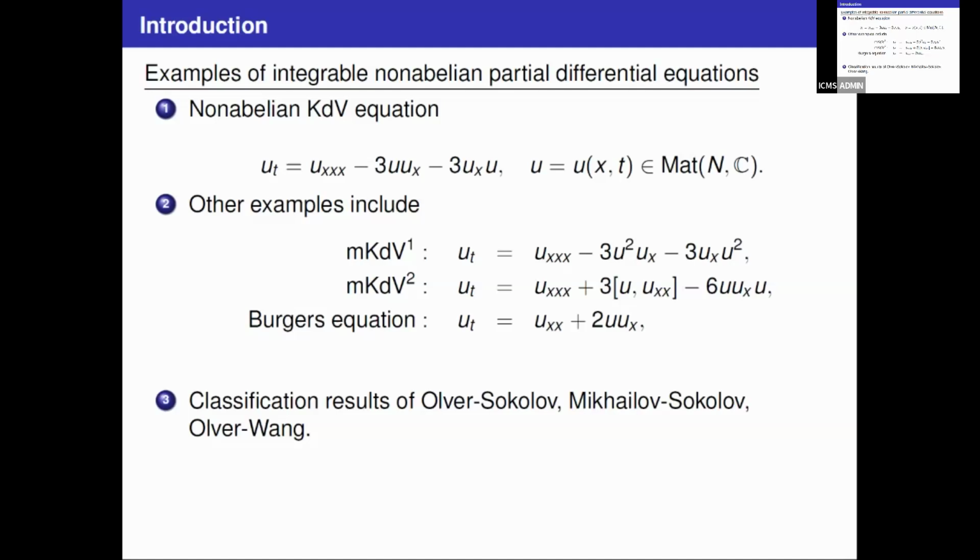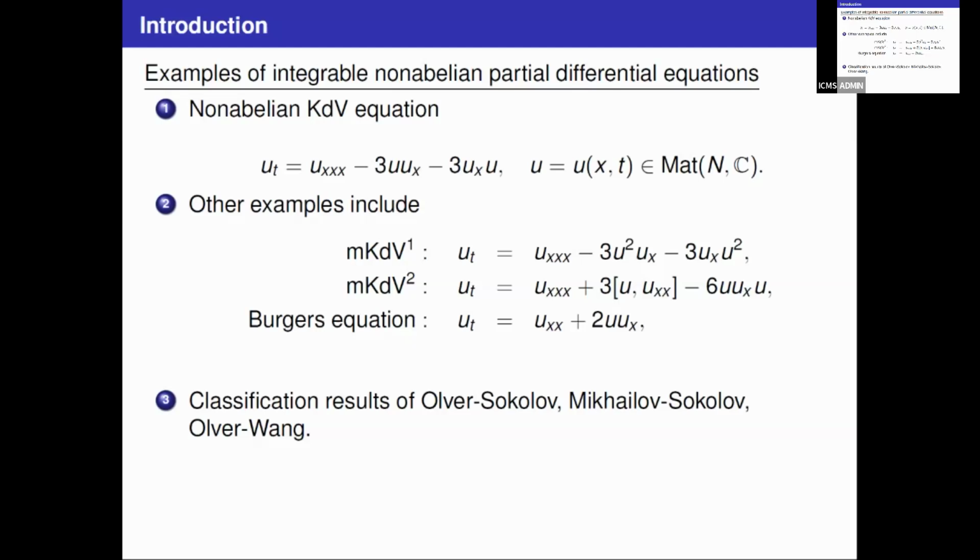Then Mikhailov and Sokolov set the theory for non-abelian ODEs, and then Olver and Jing Ping Wang classified scalar homogeneous non-abelian PDEs of arbitrary order. Homogeneous, I don't want to explain what this means, but in other words, at all orders. They have shown that only the KdV type equations actually survive.